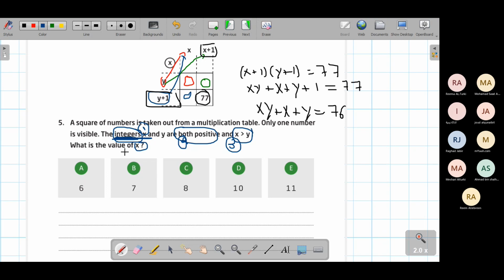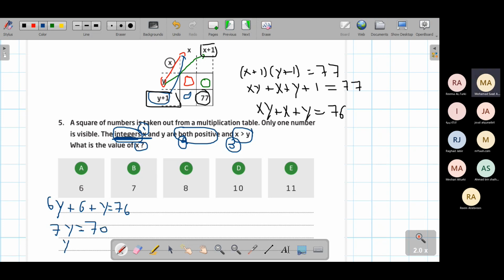If x equals 6, it will be 6y plus 6 plus y equals 76. 6y plus y is 7y, equals 76 minus 6, which is 70.